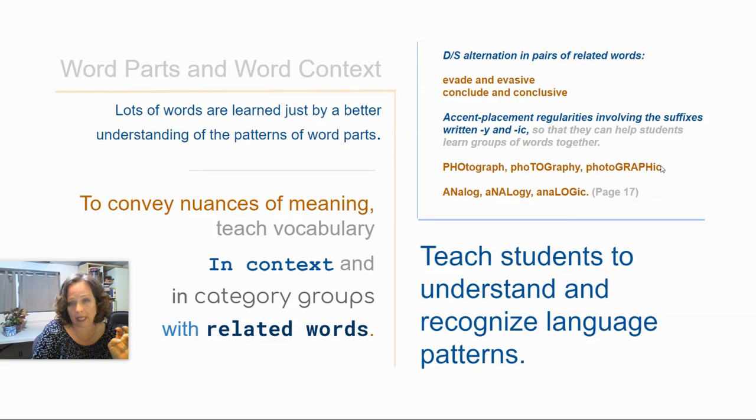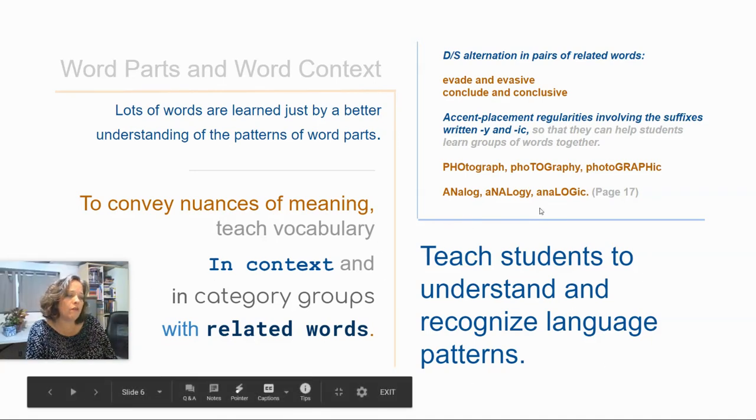When we add IC to give it another nuance of meaning, then the accent is on that third syllable, and that's a pattern we see with other words as well. And so as students are taught what those word endings mean and how these accents relate to that shift in meaning, they can apply that rule over lots of different words.